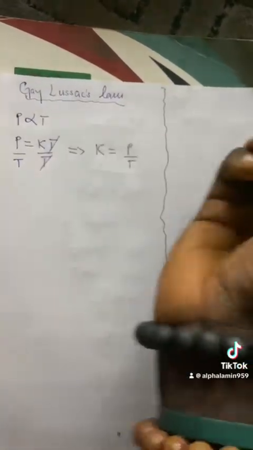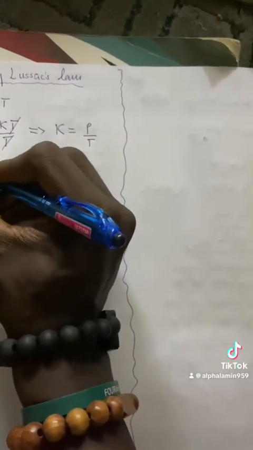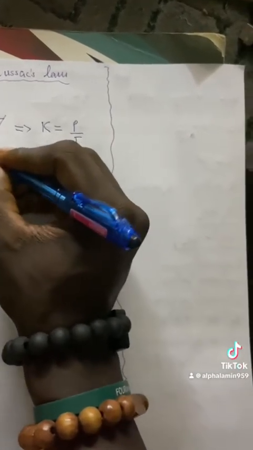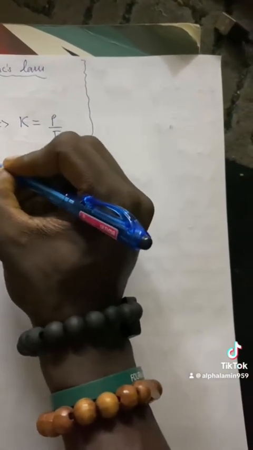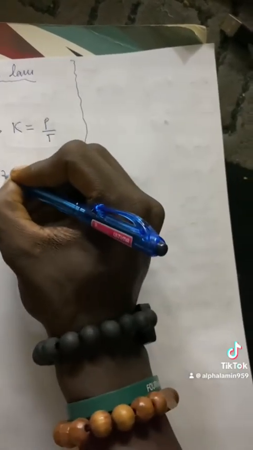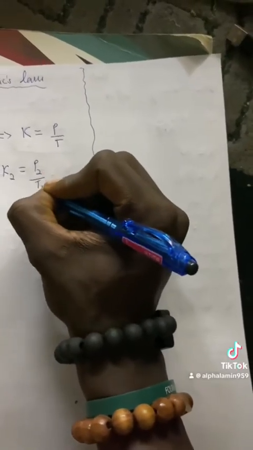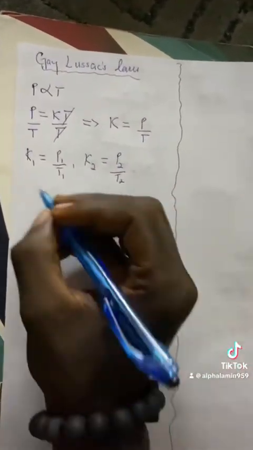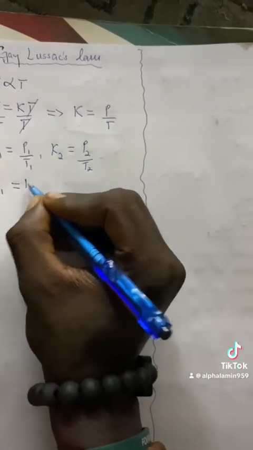Remember, as always, we have the initial state and the final state. So K1 is equal to P1 over T1, and K2 is equal to P2 over T2. So K1 is equal to K2.